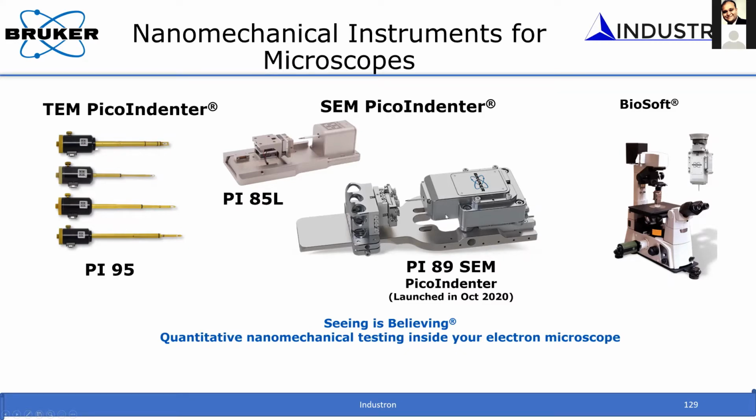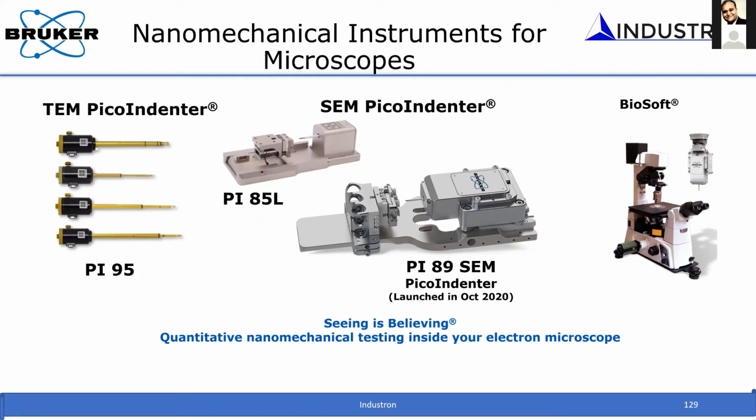Both of these models are available for all the microscopes, whether it is Hitachi, JEOL, or Tescan. There is a significant difference between these two models, and when I have time, I'll cover that.